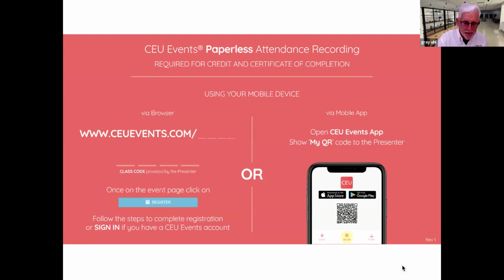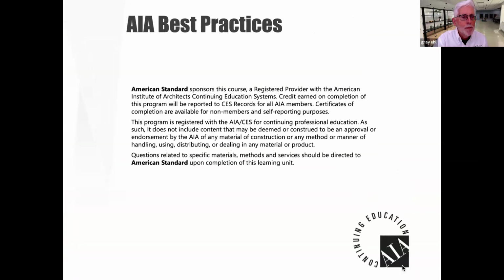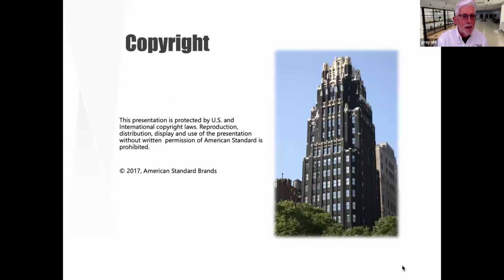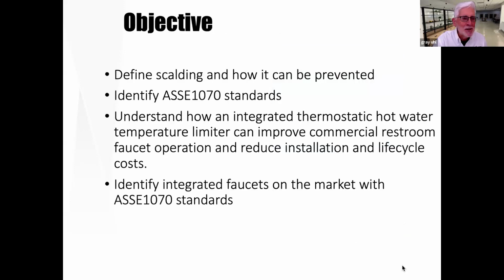It's important that you get credit for this today. I know everybody out there needs their points to stay current, and I want to make sure that you do get them. This is a certified CEU through AIA and IDCEC, and we want to make sure we're following all the guidelines. So I promise that I will adhere to the standards of a good CEU.